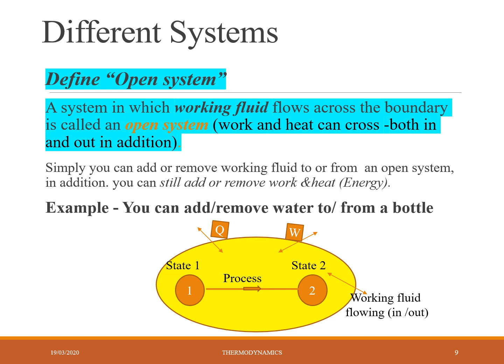Then you can pour water from the bottle and drink. That means the water, the working fluid, is transferred to the cup. So your working fluid is flowing towards the outside. A very simple example, right?